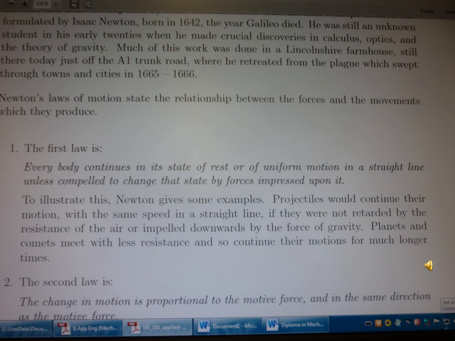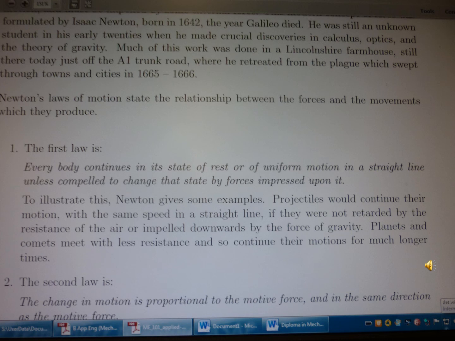So everything is either stationary or moving at constant velocity in a straight line. This condition can be changed only if a force acts on it. When a force is impressed on it, the initial condition will be changed.